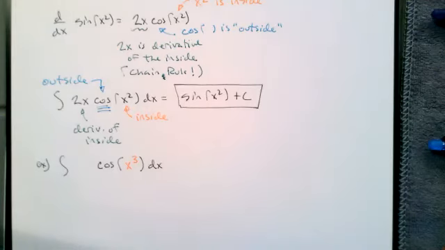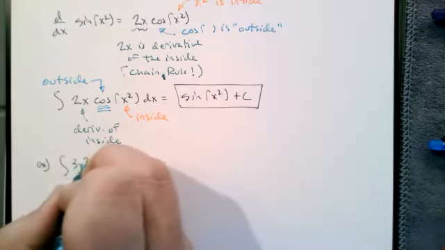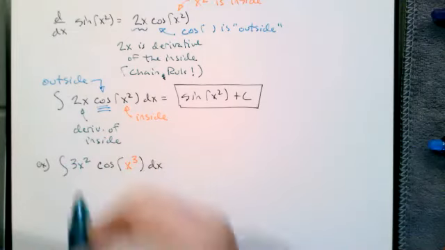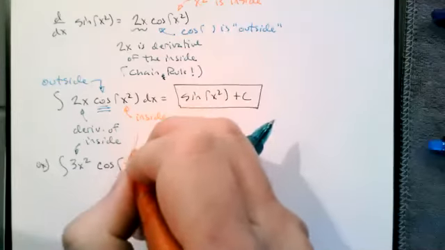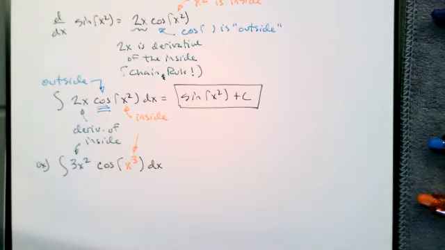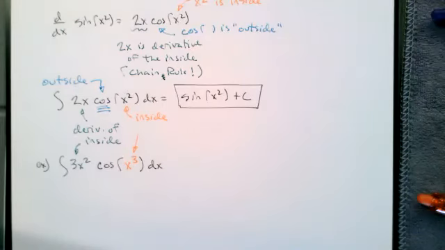If the inside is x to the third, then to make this a substitution problem, we'll be looking for a derivative of the inside, 3x squared. In this case, our outside is still just a cosine, so we're still just integrating a cosine.